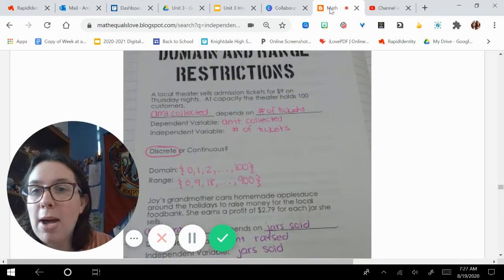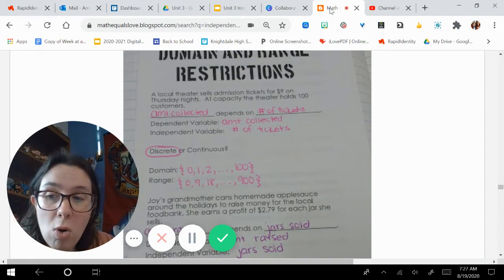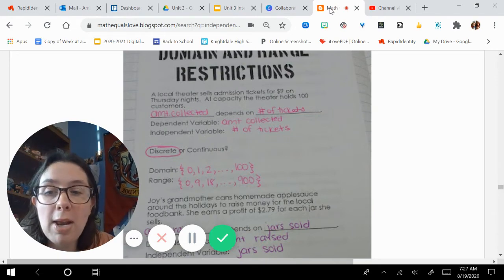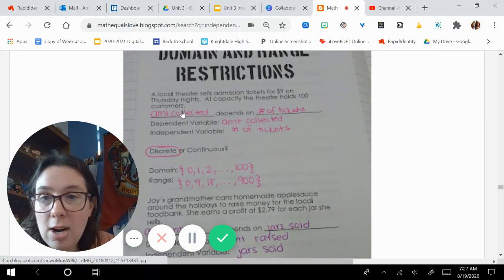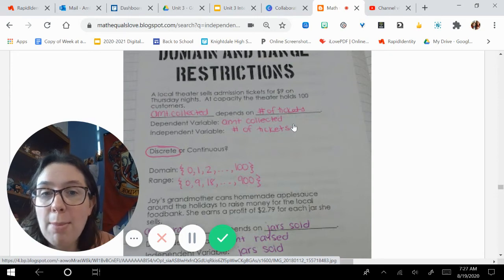They want us to know what depends on what. So think about it, does the amount of money for the tickets depend on the number of customers they can hold, or does the number of customers they hold depend on the amount of tickets? The amount collected, that is how much money they earned, depends on the number of tickets they sell.